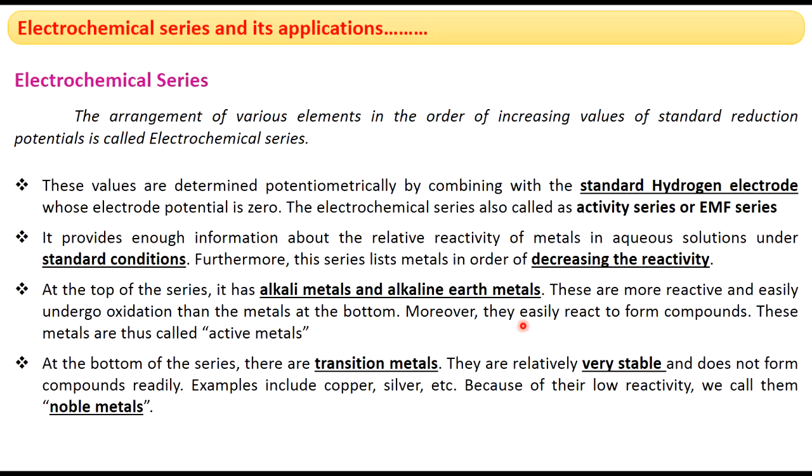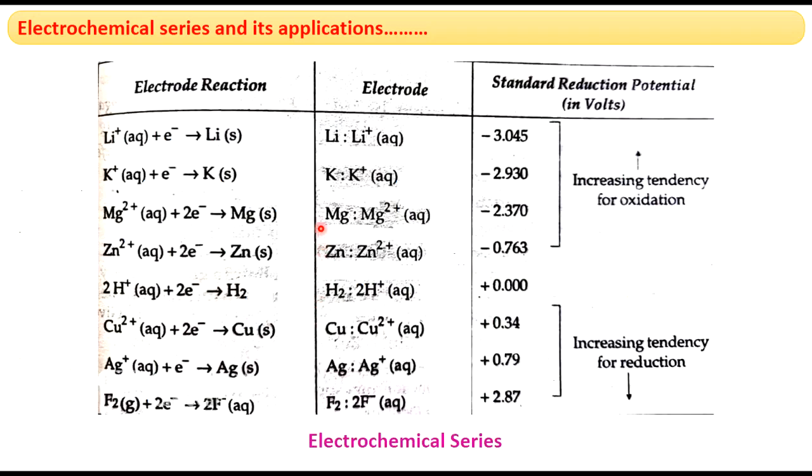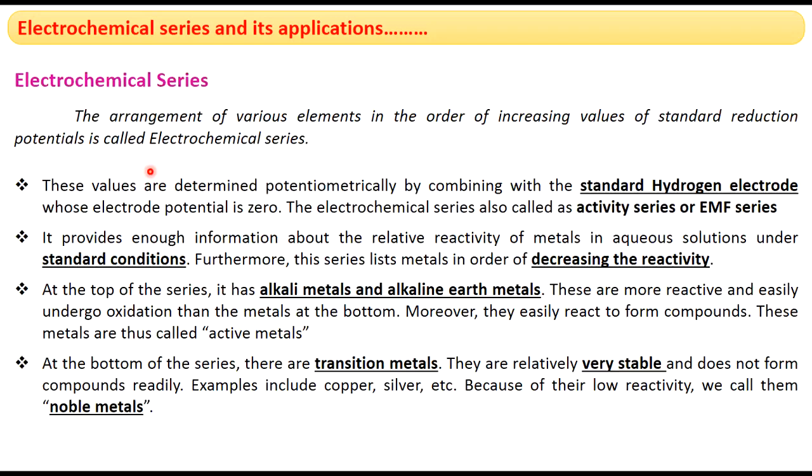In the series, above hydrogen, we have alkali and alkaline earth metals, as they have high reactivity compared to the transition metals. These metals are called active metals, and we find them at the top of the electrochemical series. Lithium, potassium, magnesium, zinc, these are the active metals, above hydrogen in the series.